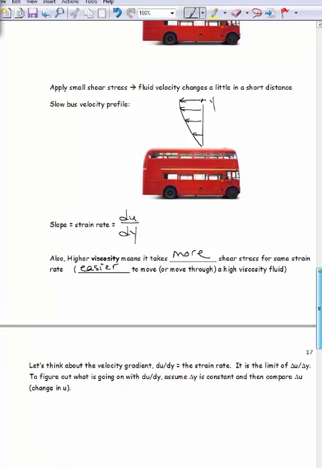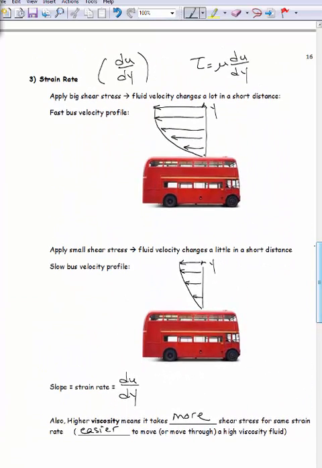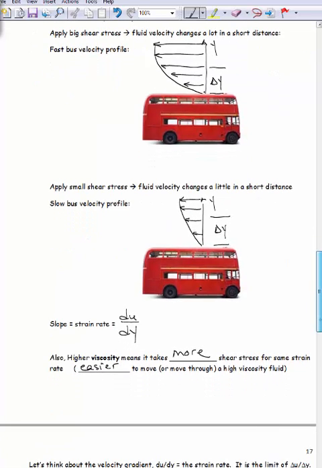So if I put the same delta y on both these pages, so let's make a delta y, say, from here to the bus surface. And I put the same delta y, say, here to the bus surface. Okay, let's figure out now which one of these cases has the bigger slope or the bigger strain rate. Okay, same delta y, so how do you figure out which one has the bigger strain rate?